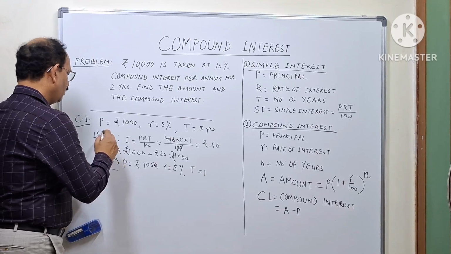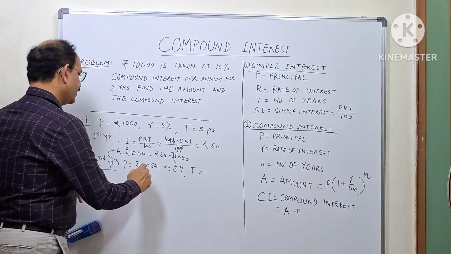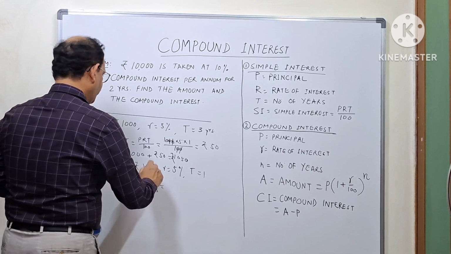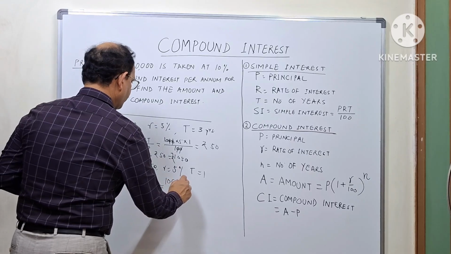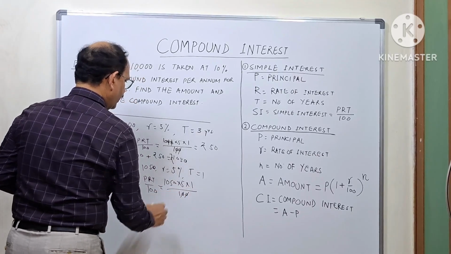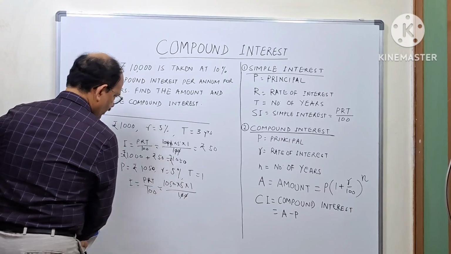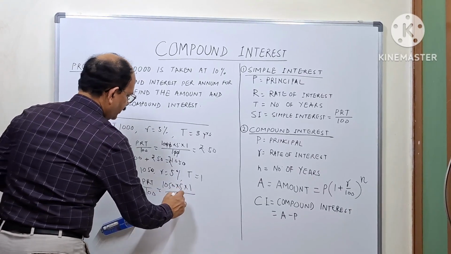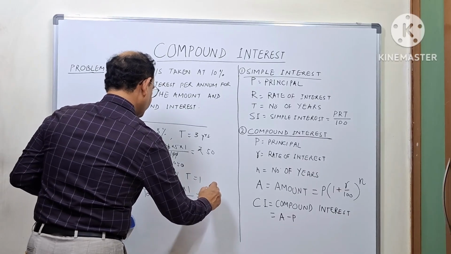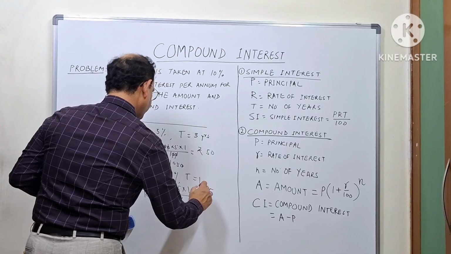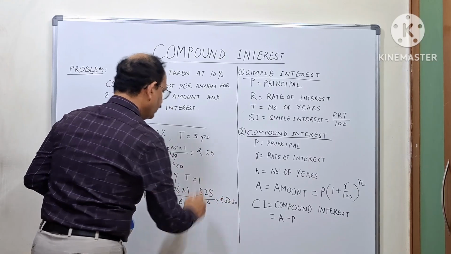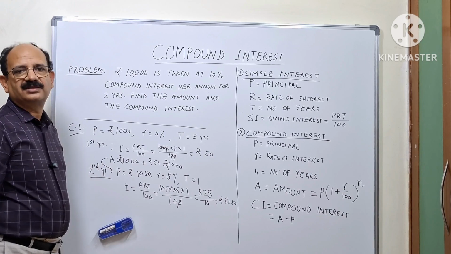Then your interest for the second year becomes again PRT by 100, which is 1050 multiplied by 5 multiplied by 1 divided by 100. So it is rupees 52.50. That much will be the interest of the second year.